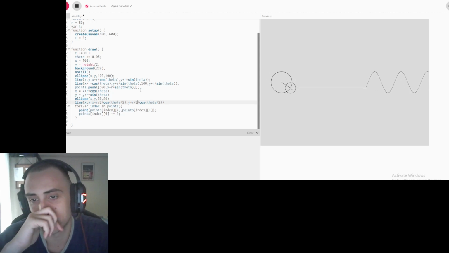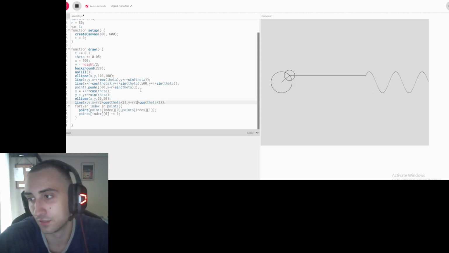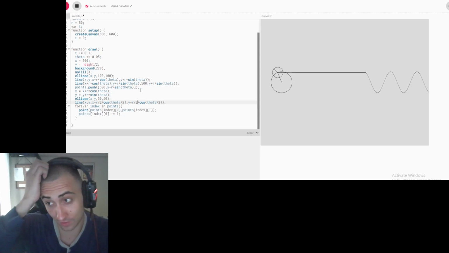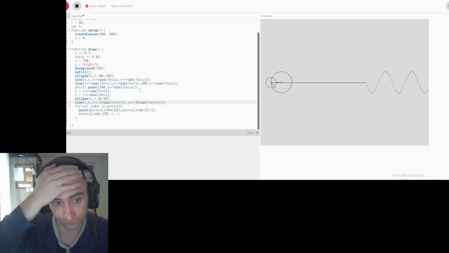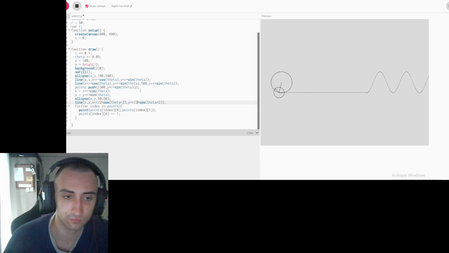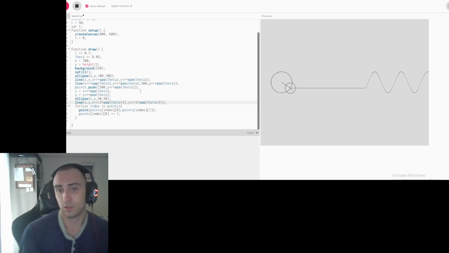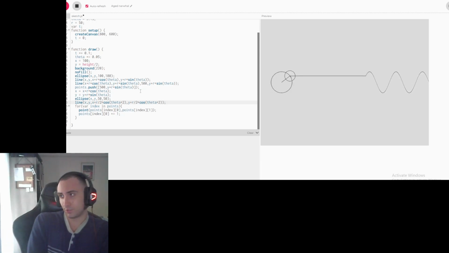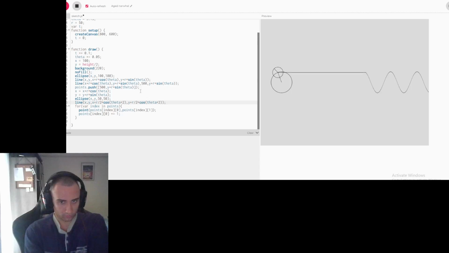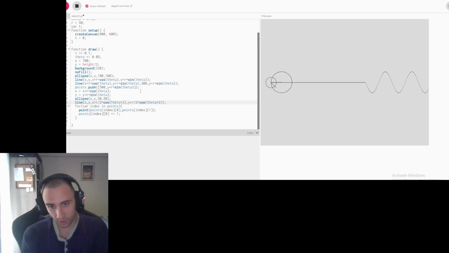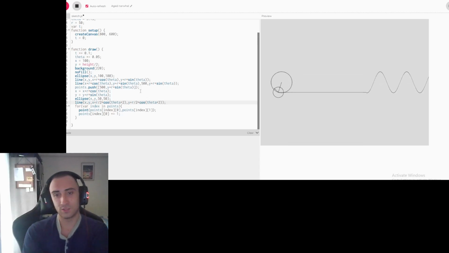That's interesting. Why can I not make this right? It's probably because... Ooh. This is not the correct way to write the equation, right? Yeah.